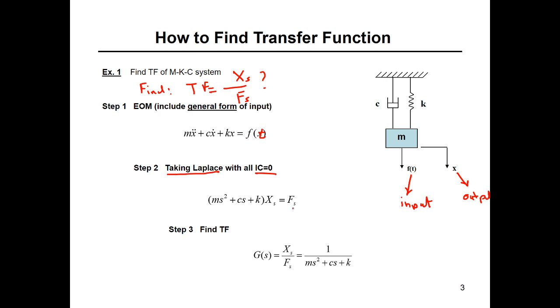Then find the transfer function: divide X by F and take the rest to the other side. So the transfer function, X over F, will be 1 over ms squared plus cs plus k. This is your transfer function.